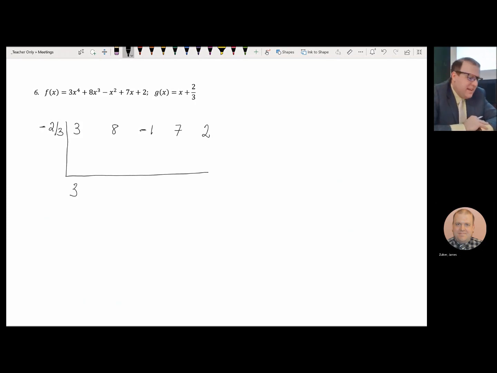Three drops down times -2/3. -2. Plus 8 times -2/3. -1 times -2/3.